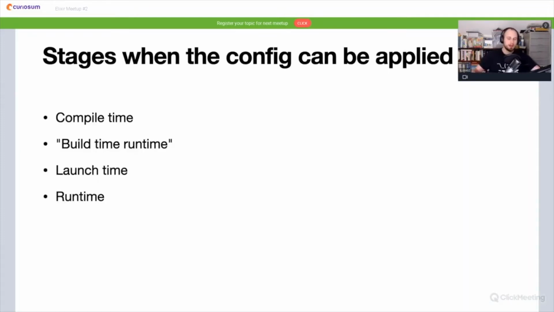There are at least 4 stages when we are running our application, building, configuring, or whatever, when our config will be important. The first one is compile time. When we run mix compile, it will load our configuration, most of it, and then it will run all our files, because Elixir compilation is a little bit weird.